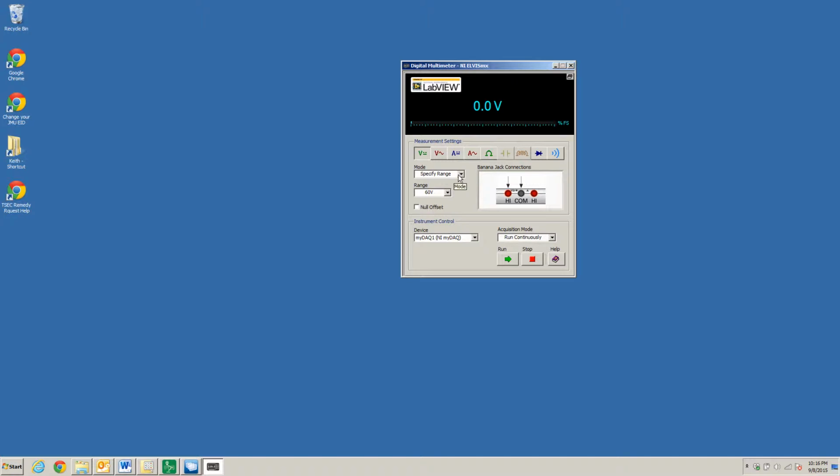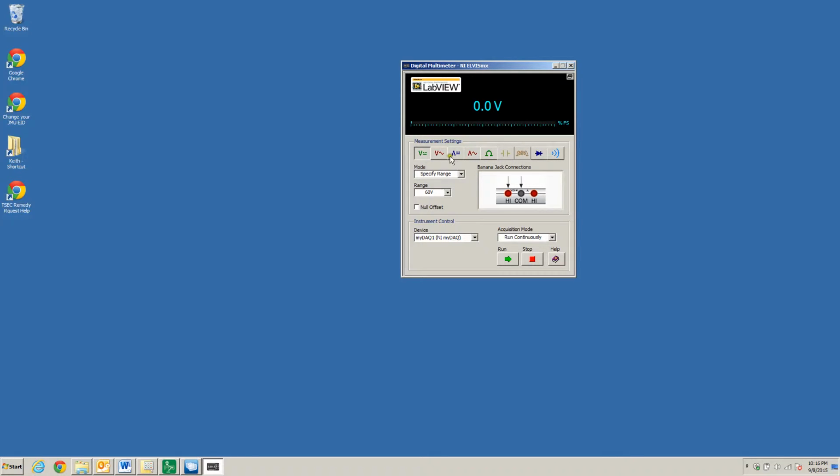So on the device, you can connect your appropriate test leads in the appropriate jacks, and then you can select what you want to measure. We can measure DC voltage, AC voltage, DC current, AC current, resistance, capacitance, inductance, and diodes, as well as use this as a continuity tester.